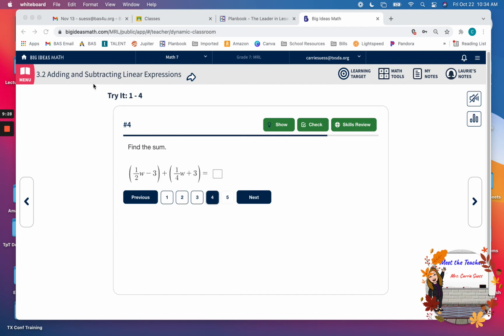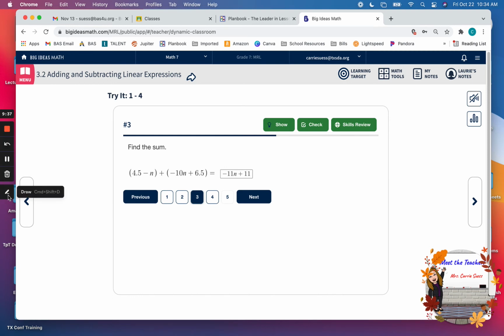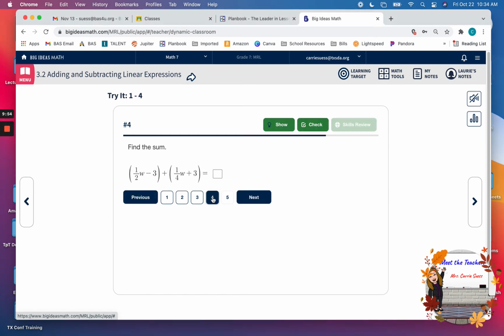In number 3, it's like negative 11 and plus 11. How come on number 4 it's like an answer?